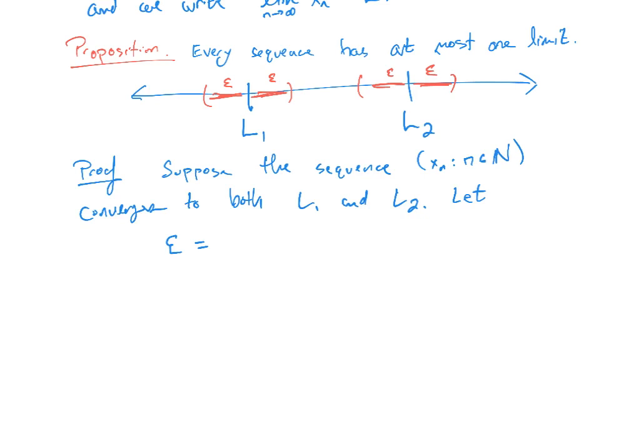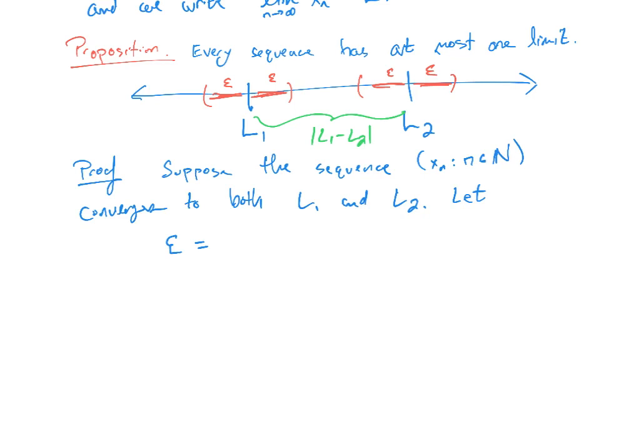So, what should I set epsilon to be? You could pick like a third of the distance between the limits. Yes, that's good intuition.